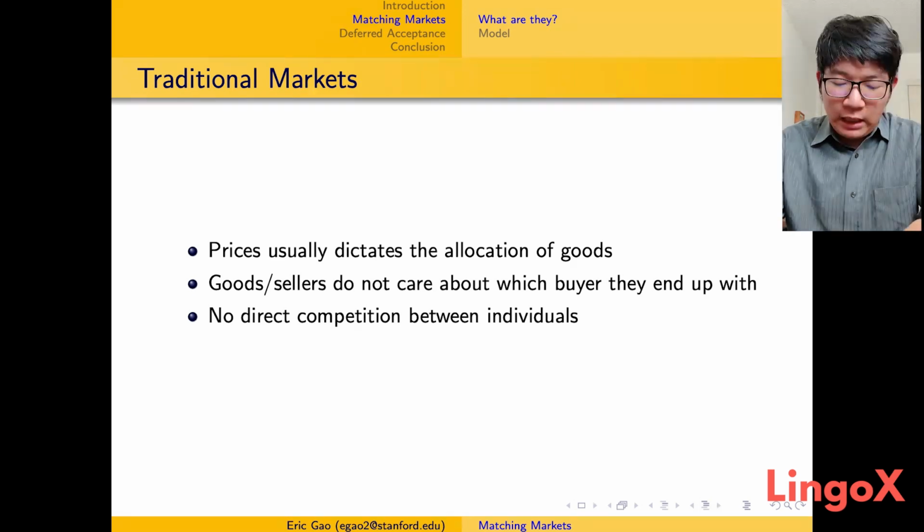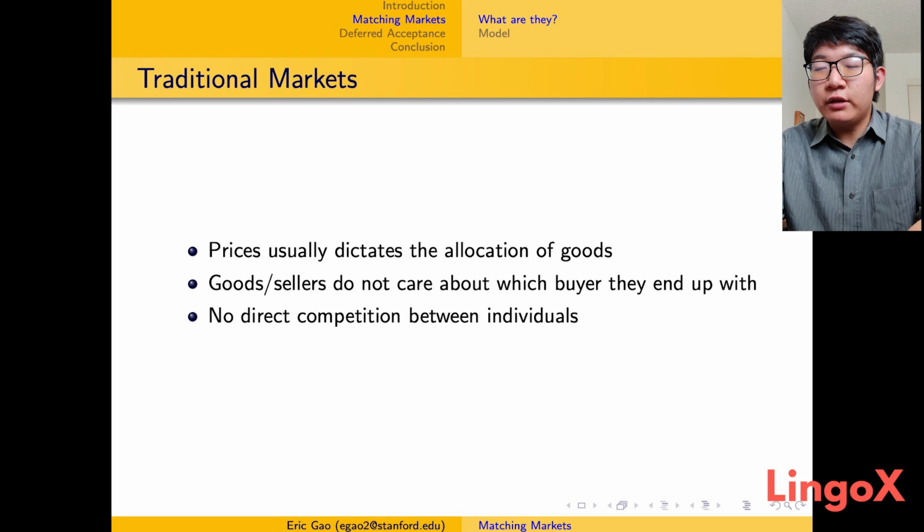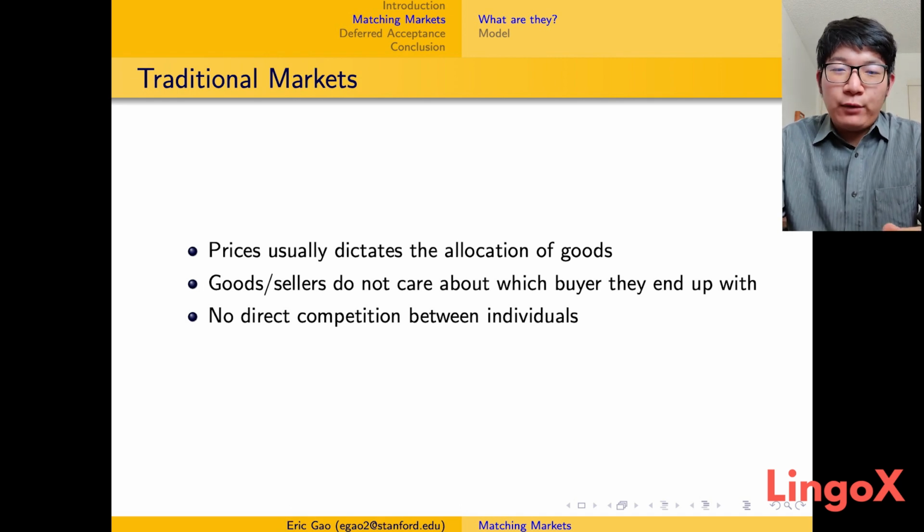Furthermore, there is no direct competition between different individuals in a market with prices, at least most of the time, right? When you go to a grocery store and buy an apple, you don't need to fight with the person next to you over who gets what apple, because you would expect there to be more than enough apples for everyone, as long as you're willing to pay the price.